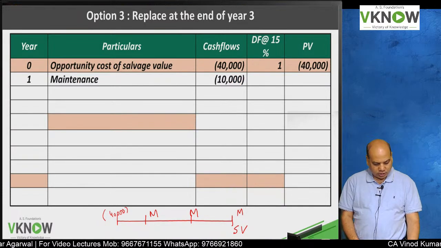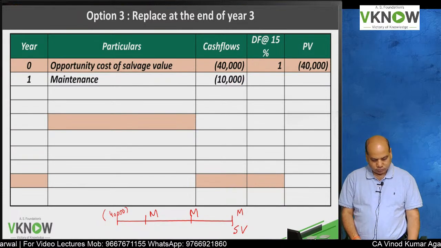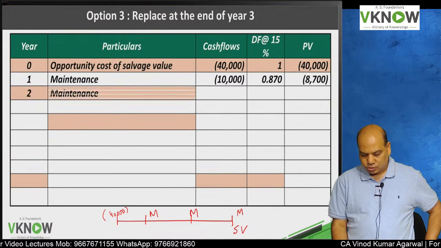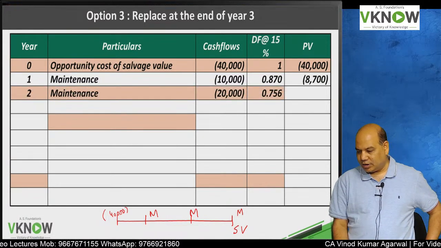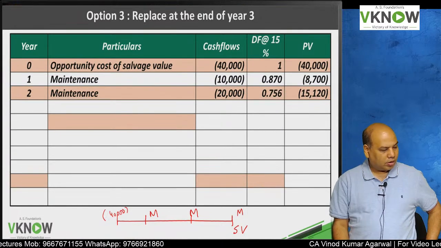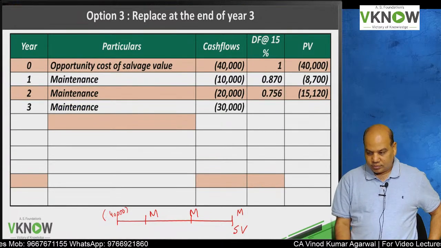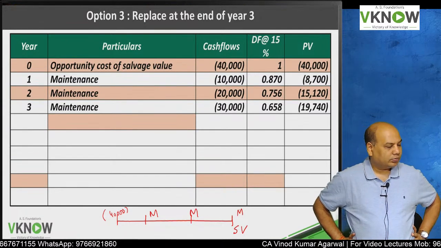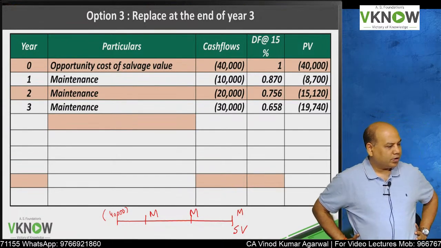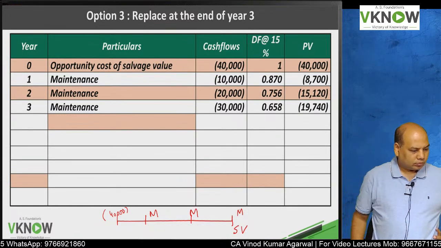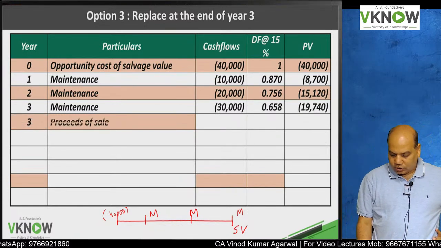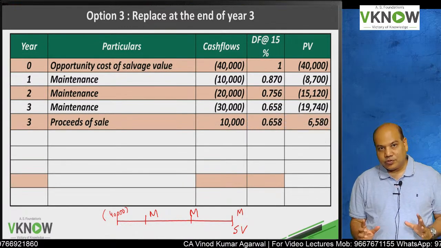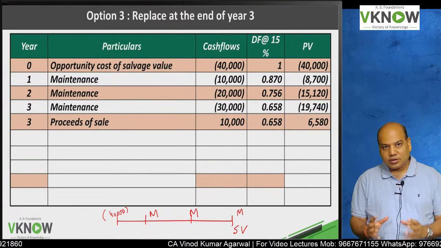Then write down maintenance 10,000, year 2 maintenance 20,000, year 3 maintenance 30,000. Compute present value also. Then in year 3 there is a sale proceed of 10,000.